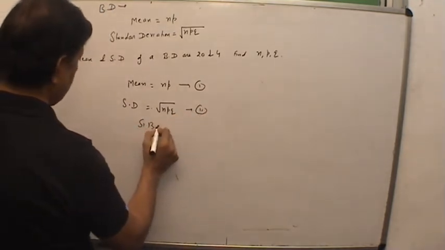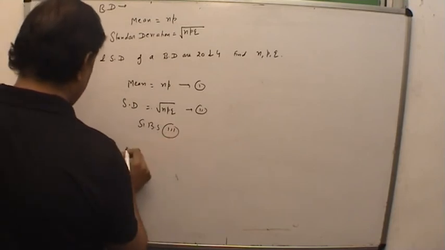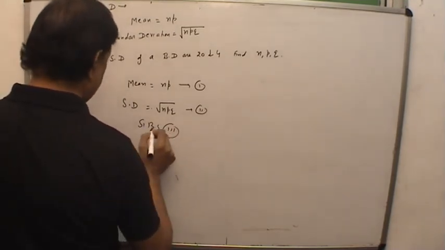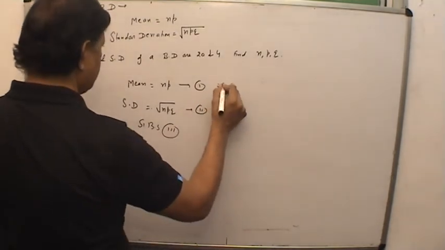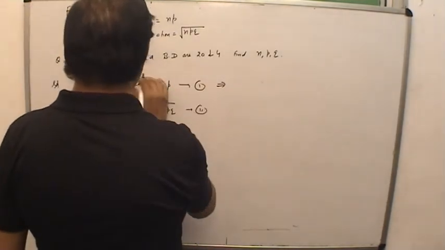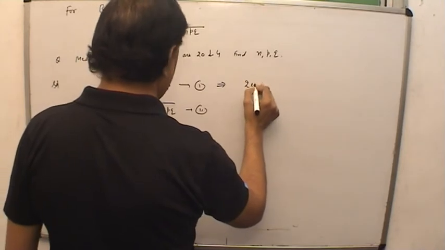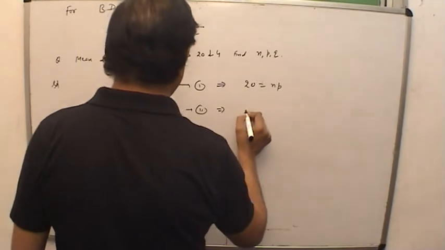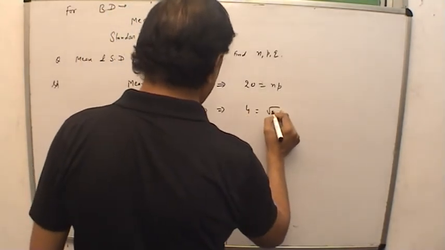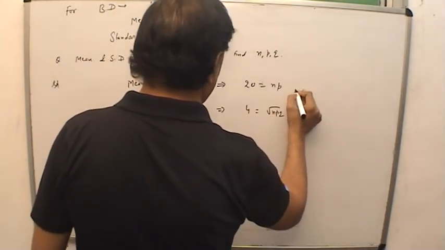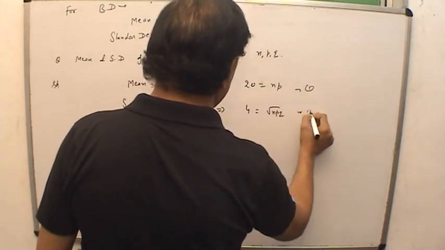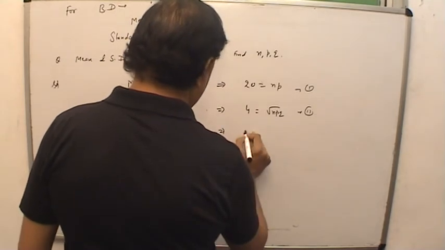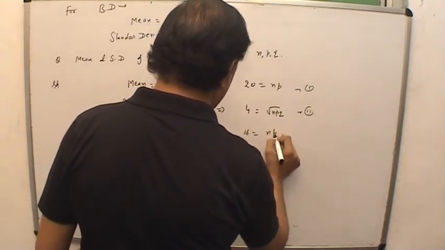Squaring both sides of 2 we get the variance, npq. Here mean 20 is equal to n into p, and standard deviation 4 is equal to under root npq. It's number 1, it's number 2. Or this implies 16 is equal to npq.